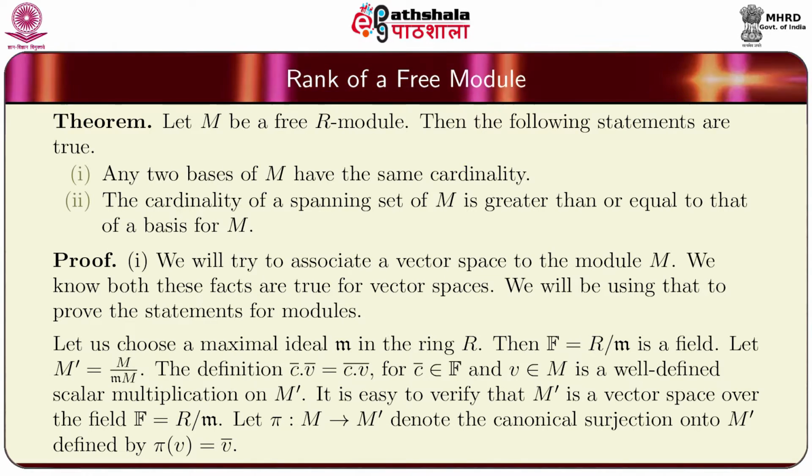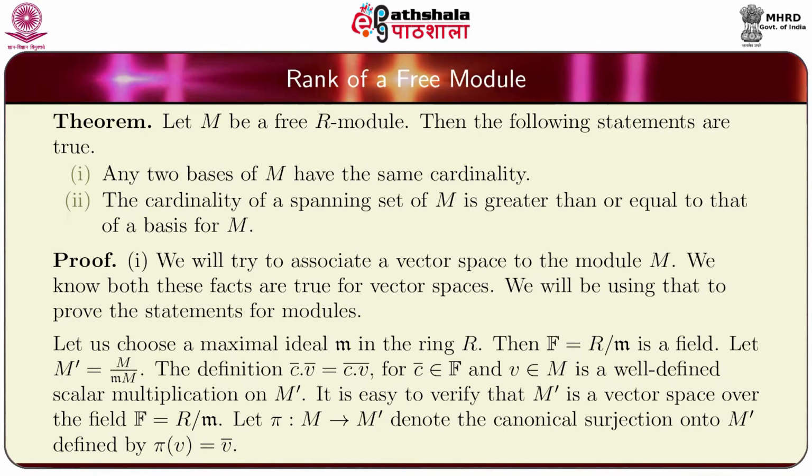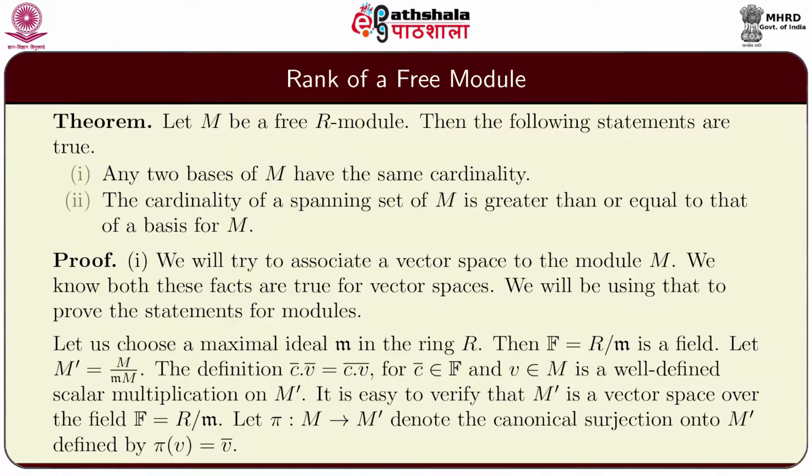You can see that MM is the submodule of M, and the elements of the submodule MM look like the linear combinations summation Ci Vi, where Ci's are from the maximal ideal M and the Vi's are from the module M.